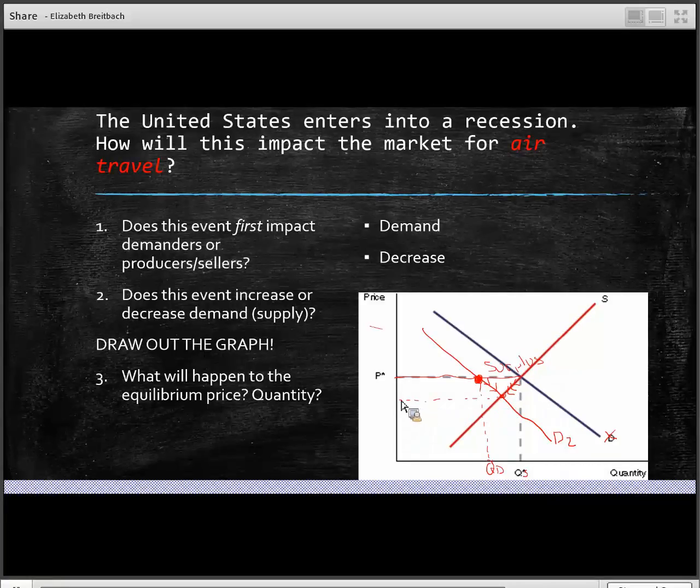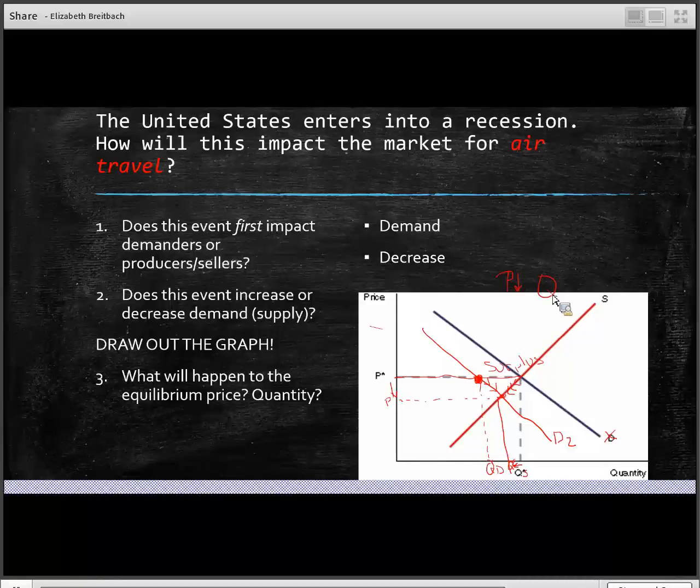So we see a lower equilibrium price than we had initially, and we see a new equilibrium quantity that is less than our initial equilibrium quantity. So when we have this demand curve decrease, or a shift in the demand curve to the left, we see that price has decreased and quantity has decreased.